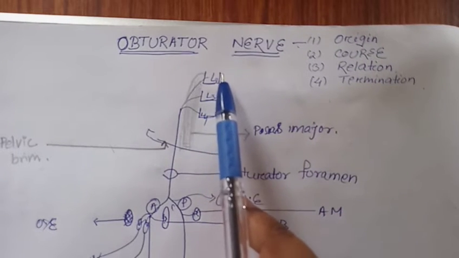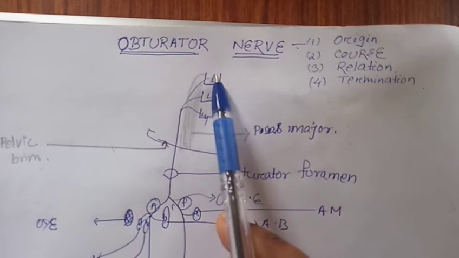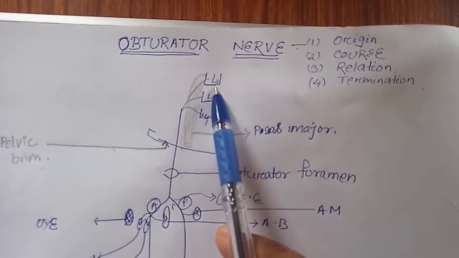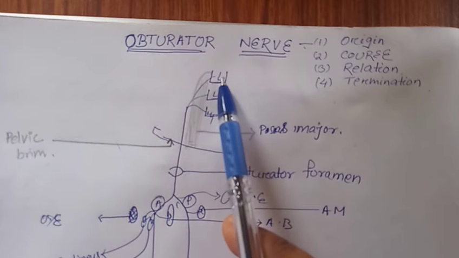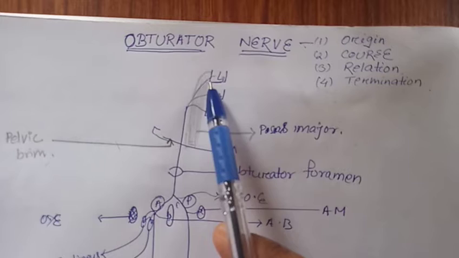First, the origin of the obturator nerve. The obturator nerve arises from L1, L2, L3 and L4, from the anterior or ventral division of the ventral rami.